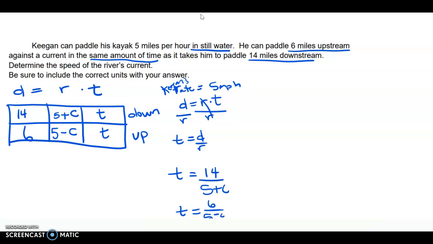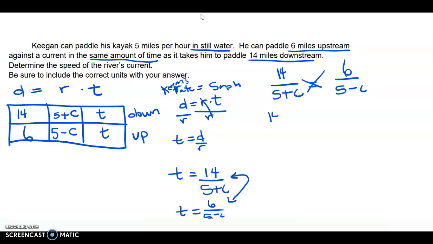Since these both equal T, they also both equal each other, so we can set them equal: 14 over 5 plus C is equal to 6 over 5 minus C. We have a fraction equal to a fraction, so we can cross multiply to solve.